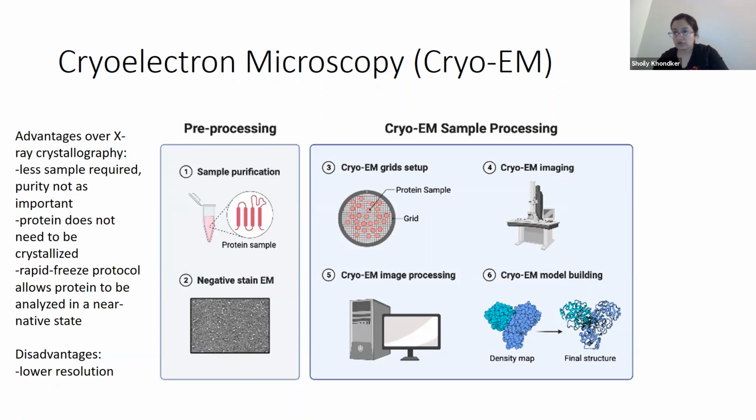Yeah, and depending on the structure, certain proteins, neither technique will work for. If a protein has large stretches of disordered regions, that can definitely be a problem for both cryo-EM and for X-ray crystallography.